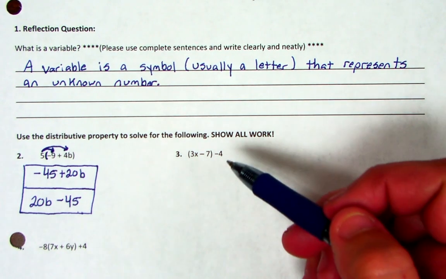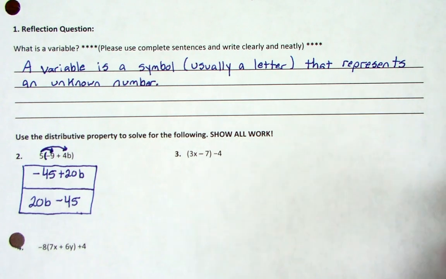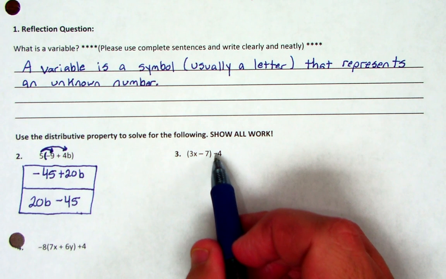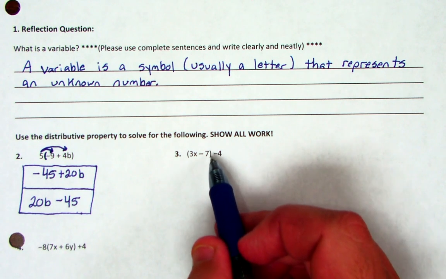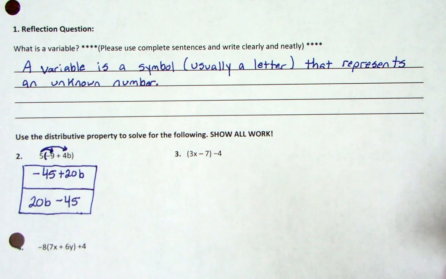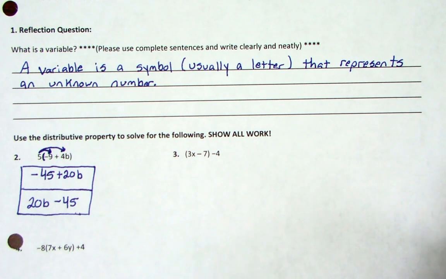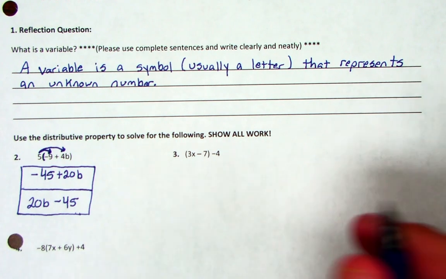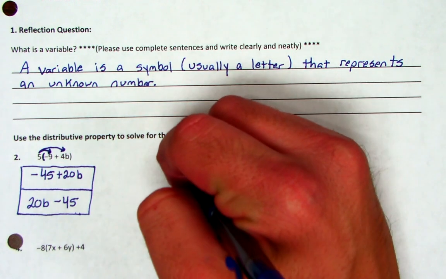Alright, look at number 3. Some of y'all are going to say, let's distribute this negative 4. You cannot do that. The negative 4 is on the back side of the parentheses, and you can't distribute from the back side. So in reality, this was just a trick question. We don't even need parentheses for this one. There's nothing to distribute, so I'm going to rewrite everything without the parentheses.